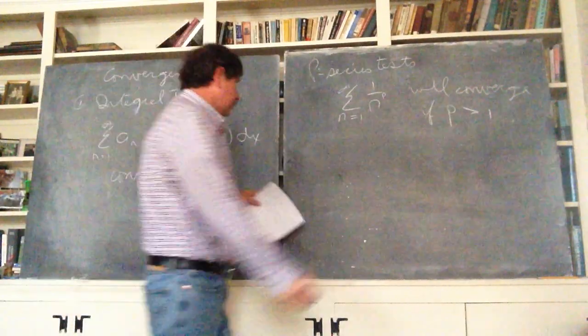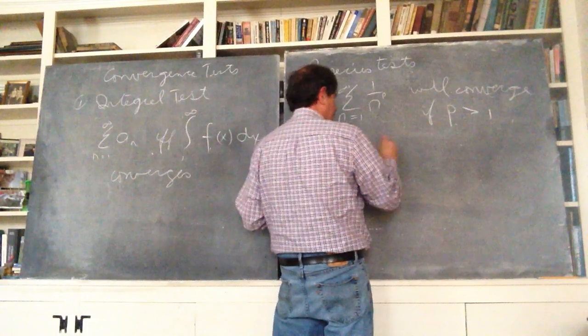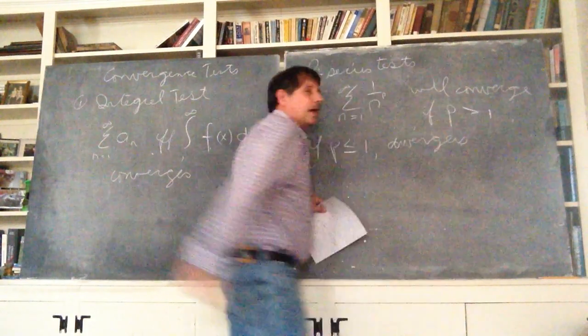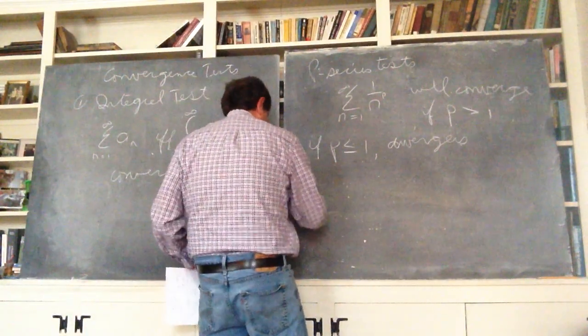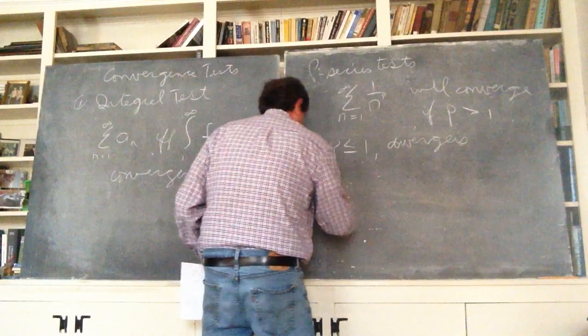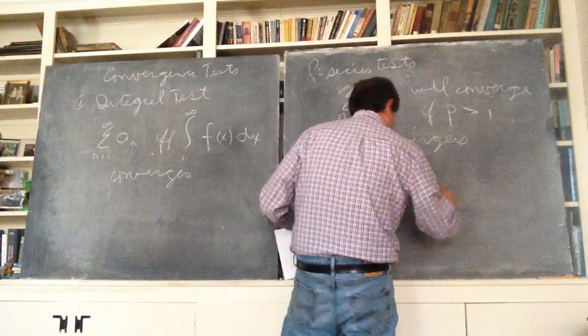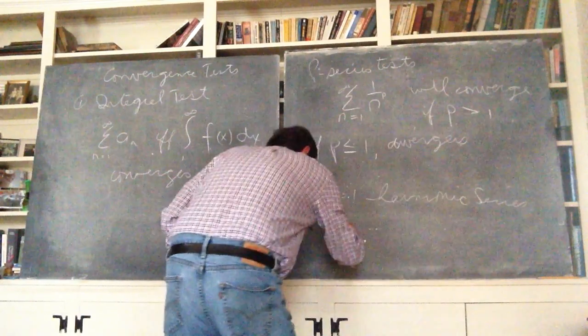If p is less than 1 or equal to 1, it diverges. And in particular, when p equals 1, it's called the harmonic series. It looks like this.